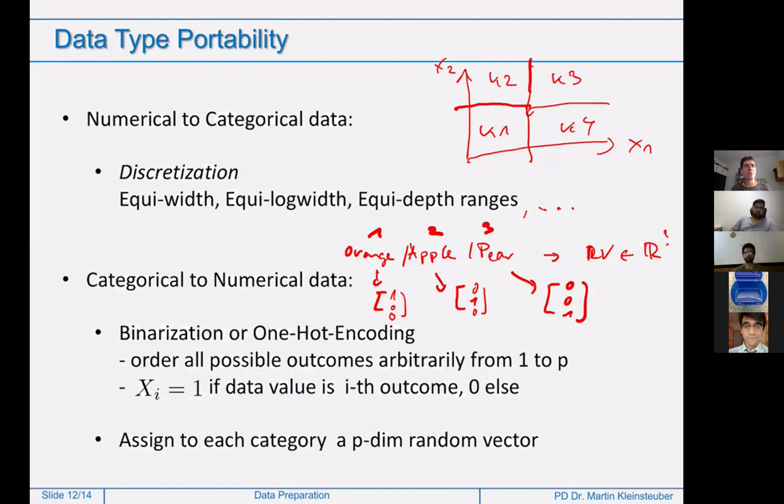Okay, so you would like to somehow map your data into a space where you have no preference, where not one data point is preferred to another. And this is achieved by this one-hot encoding. Right? So the distance between apple and pear is the same as the distance between orange and apple, and so on and so forth. So, right, this is how you do it.